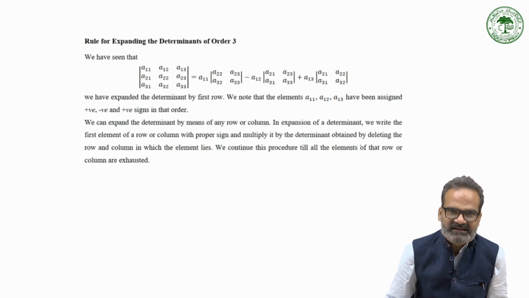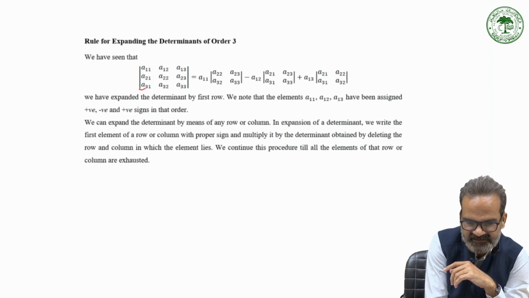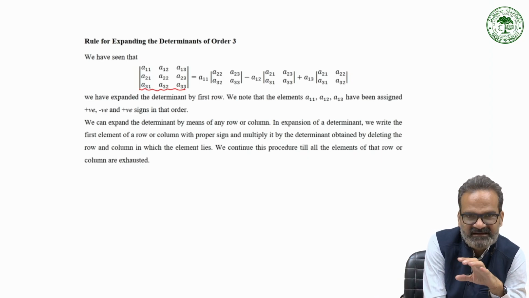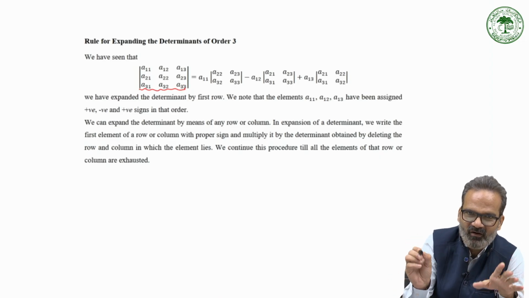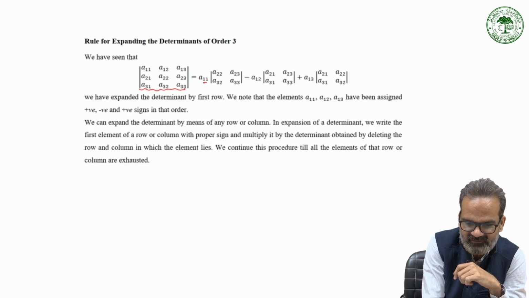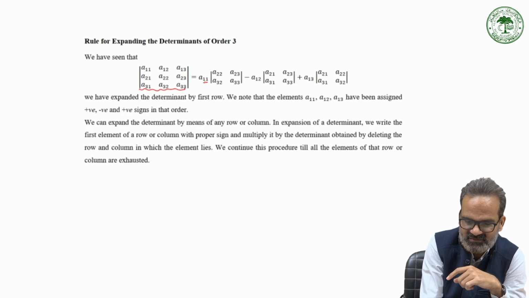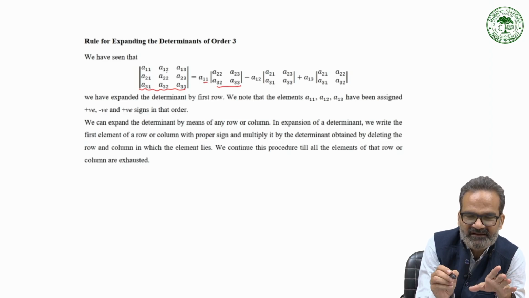Let us take the same way. Rule for expanding the determinant of order 3. We have seen that this is a determinant of order 3. This determinant can be expanded along any one of the three rows or columns. We have expanded it along the first row. See A11. Delete the row and column in which A11 lies. So this is left. Minus A12. Delete the row and column in which A12 lies.